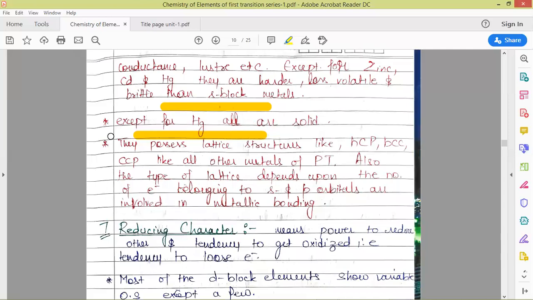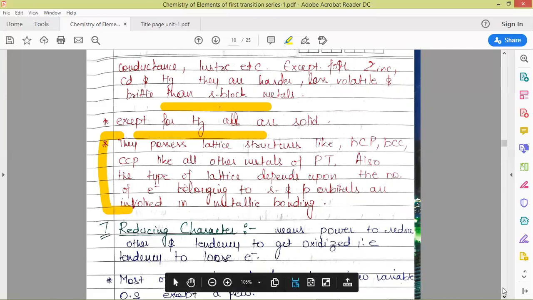But as far as your syllabus is concerned, the explanation of what type of structure is exhibited by which element of the 3d series is not your concern. So they possess different lattice structures. Yes, this is true because they are metallic in nature. So all are having good metallic character.